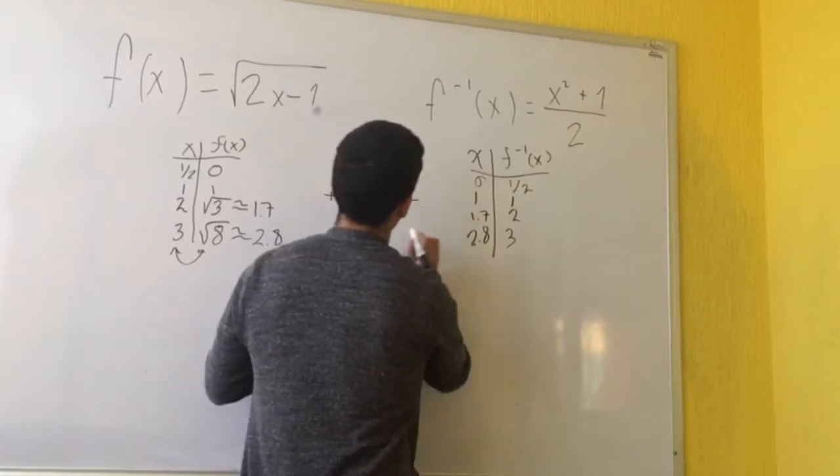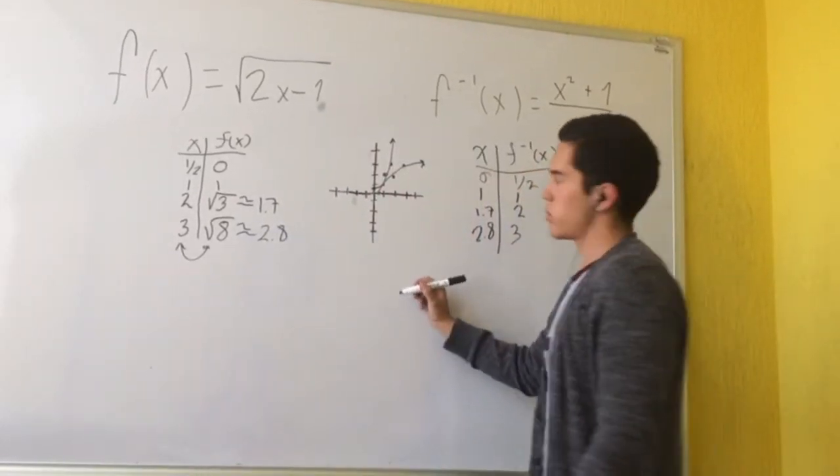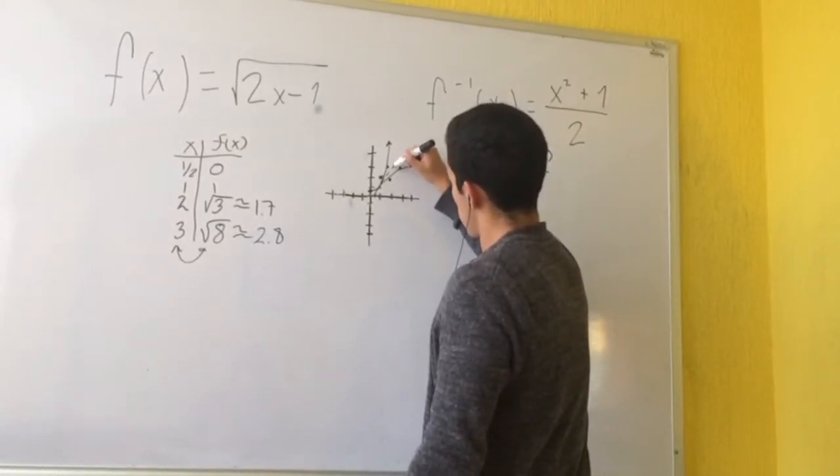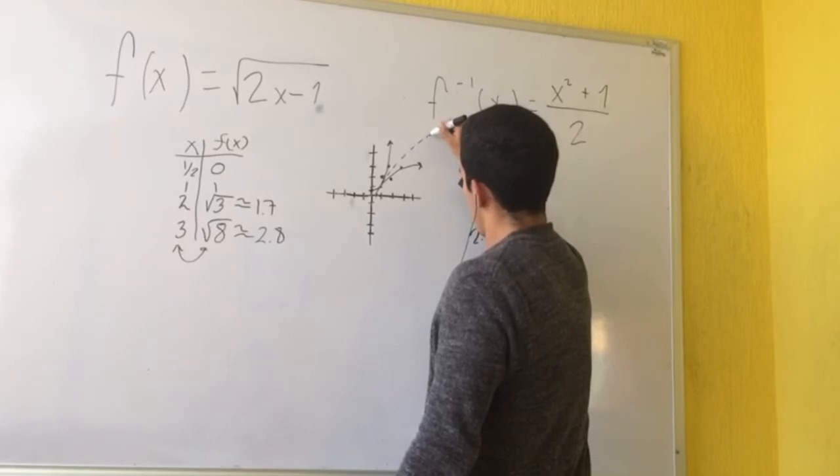And then we make a dotted line in between to visually check that the lines are symmetric.